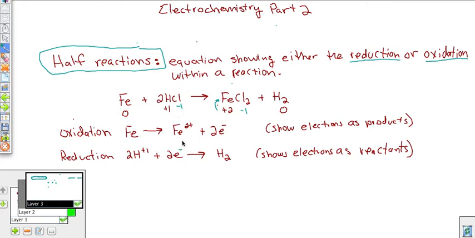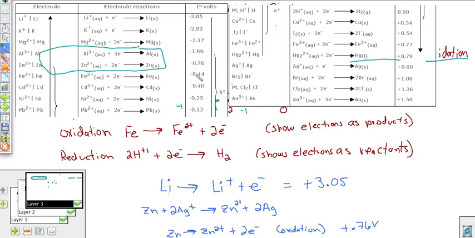All right, so what do you do with this information? There's one thing you can do that is really useful, and that is taking a look at these half reactions and analyzing them. For example, when you're looking at a half reaction, you can check the chart in the back of the book, which is called a reduction potential chart.